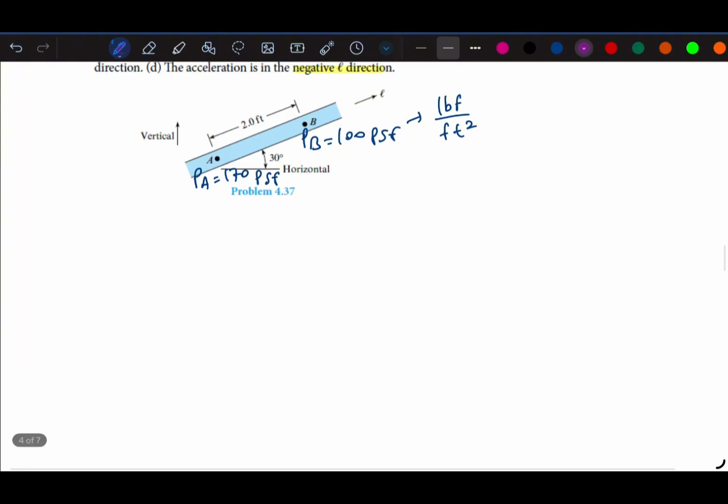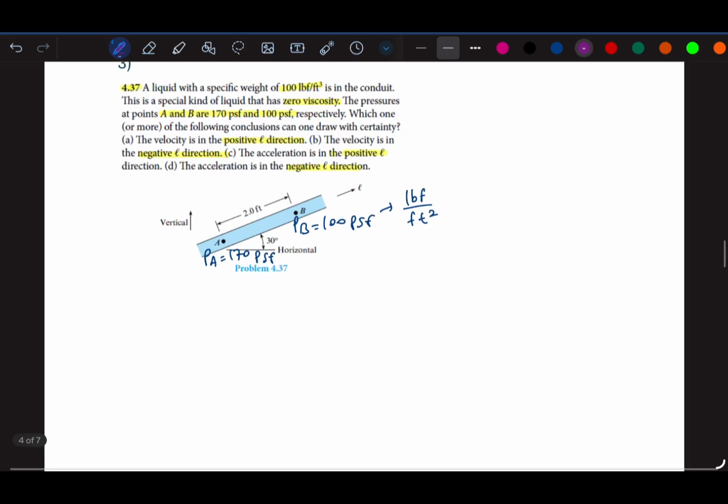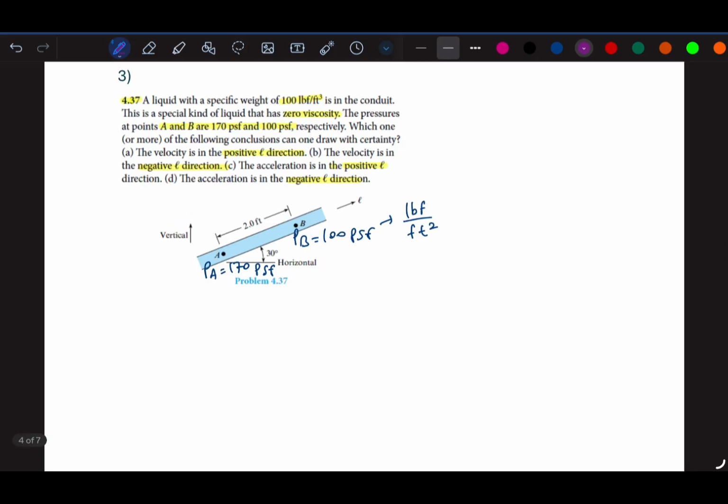Again, this question is actually similar to the first one because we are using Euler's equation. So let me write Euler again. So this time for the distance we are actually using L. So I will stick to this. We have P plus gamma Z equal to density times acceleration along the length.